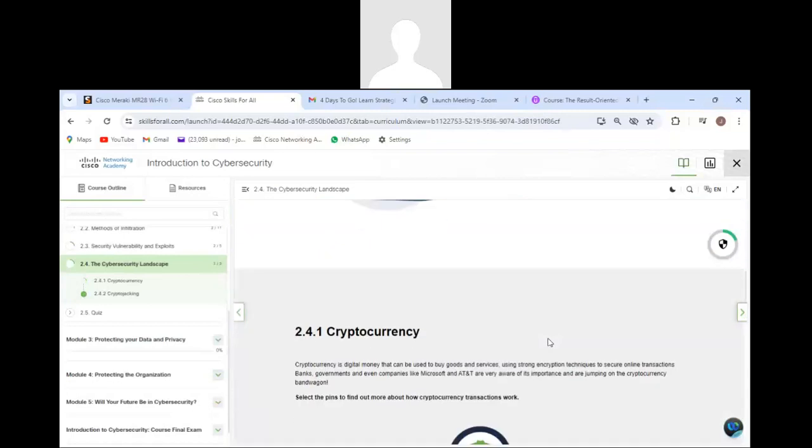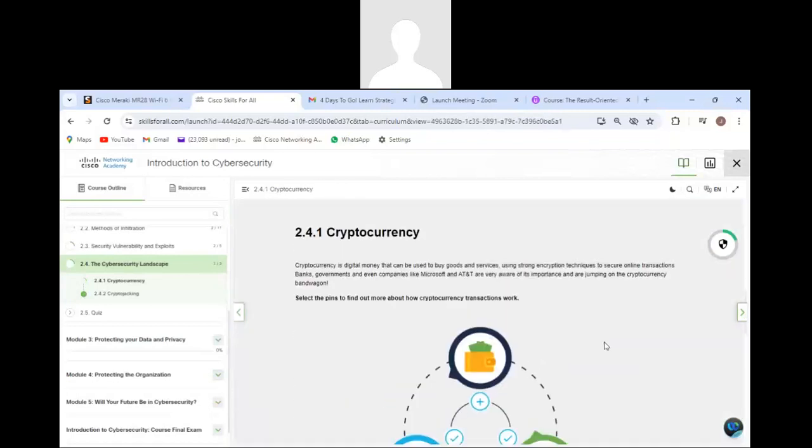Cybersecurity landscape. We have cryptocurrency. It is not new again. As time goes on, we'll be going into cryptography. Now, cryptocurrency is a kind of digital currency, digital money, that uses a form of coding to operate. When this happens, then this is going to happen. That is how cryptocurrency works.